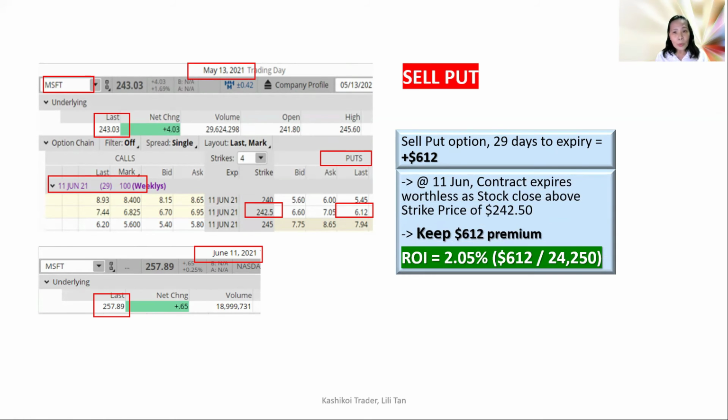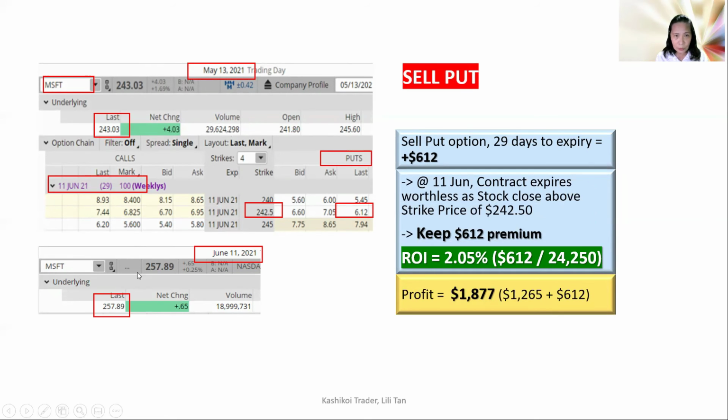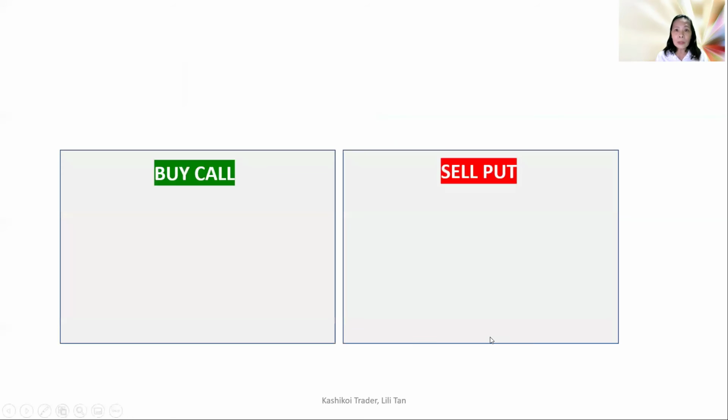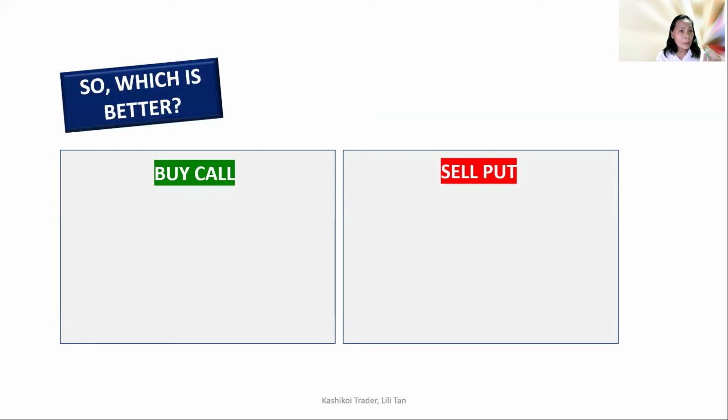My ROI is only 2.05% because of the way it's calculated. So from my 3 sell put positions, January, March, and May, closing June 11th, I only make about 1.9K. Now, let's compare the two. Which is really better? Is it buy call?